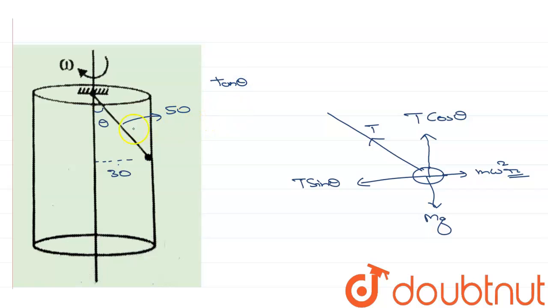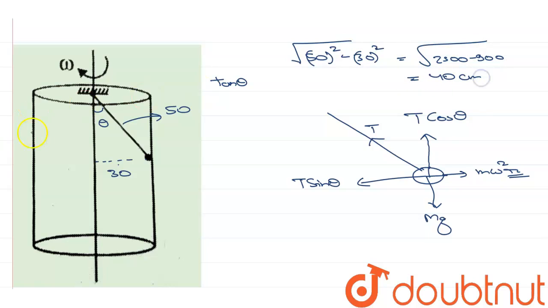To find tan theta, let's find the length of this edge of this triangle. Using Pythagoras theorem, this will become root 50 squared minus 30 squared, which is root 2500 minus 900, which turns out to be 40 centimeters. So this is 40, which means tan theta becomes 3 by 4.